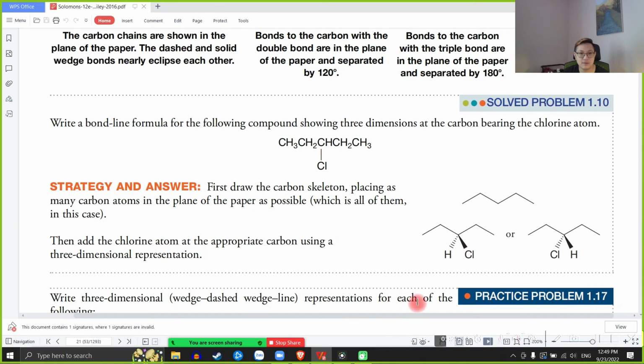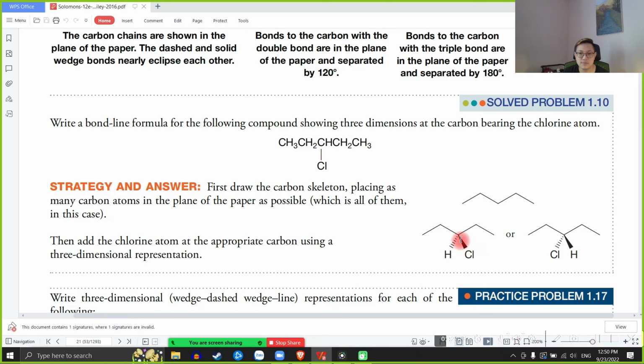First, draw the lines for the carbon skeleton: 1, 2, 3, 4, and 5. And the carbon in the middle, you know that it's connected to the chlorine. Add the chlorine atoms.